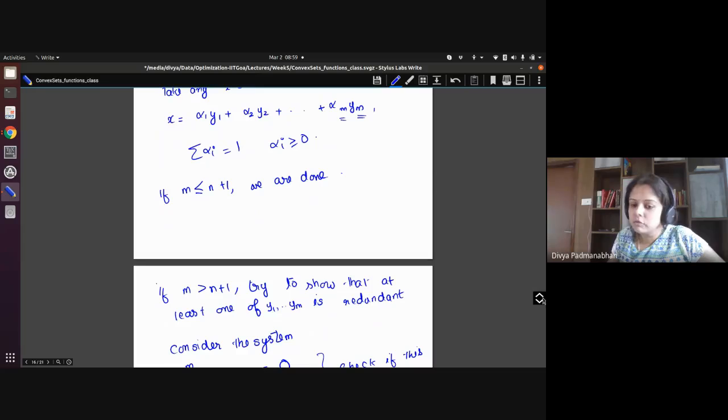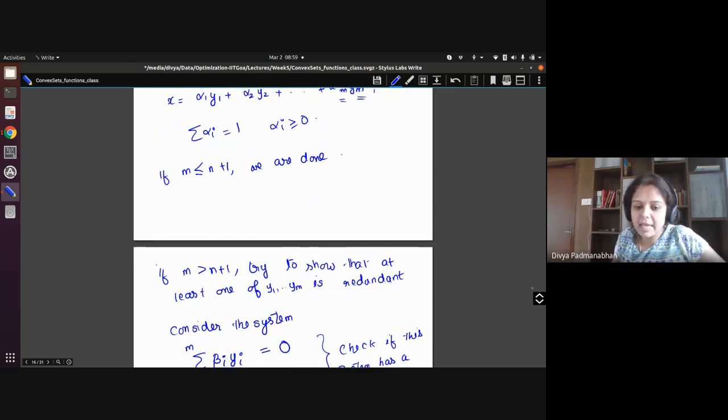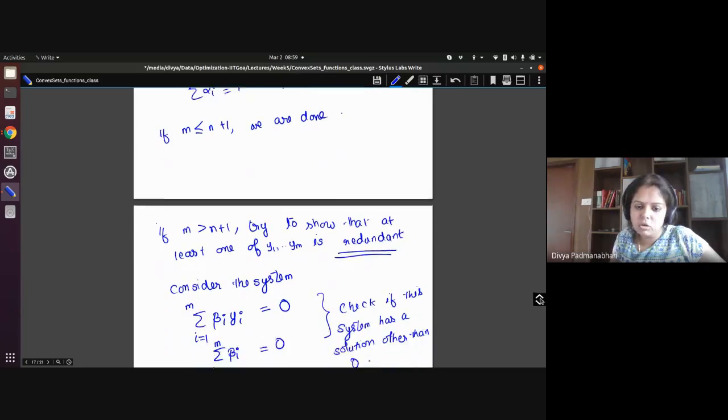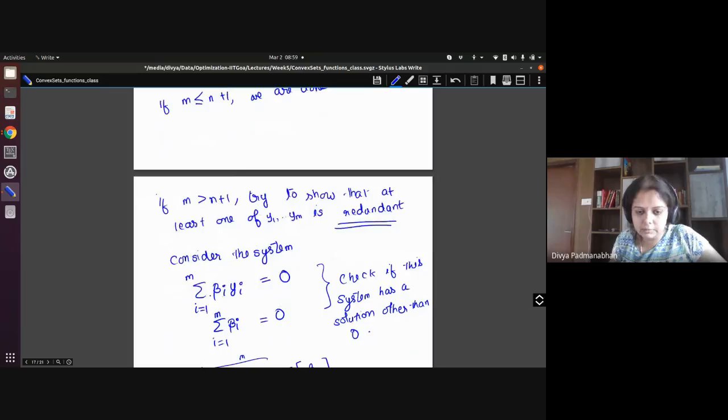Okay, so for this, what we have in our tool to capture this notion of redundancy is the idea of linear combinations. So we'll try to see whether this system, the summation beta i yi, where the yi's are all vectors in Rn, equals 0. You want to see the solution to this system.